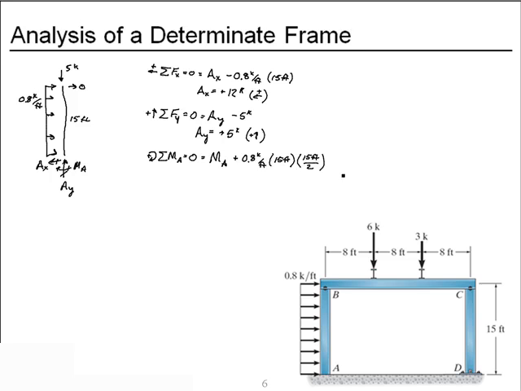Those are the only contributors to moment about A. So MA is not in the direction we drew it. It's 90 foot kips. But the direction we drew it was clockwise positive.